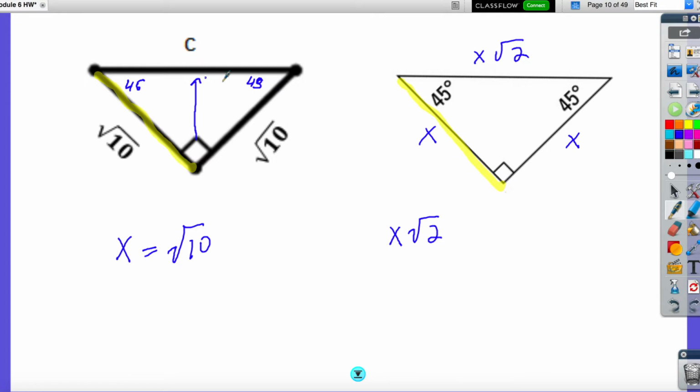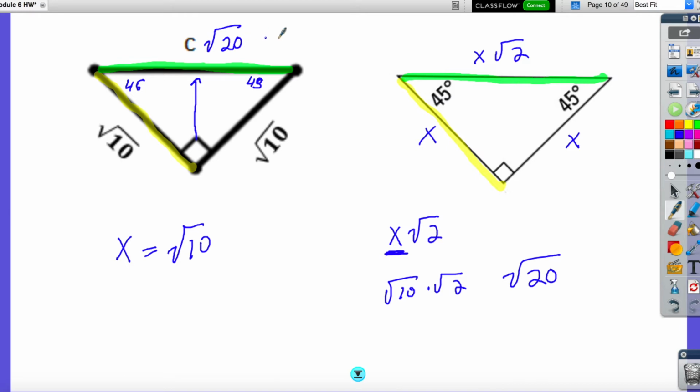This side right here, where C is, corresponds with this side on the formula triangle, which is x radical 2. So I plug it in right there, and I'm going to have radical 10 times radical 2, which would give me radical 20. So this side length right here is radical 20.